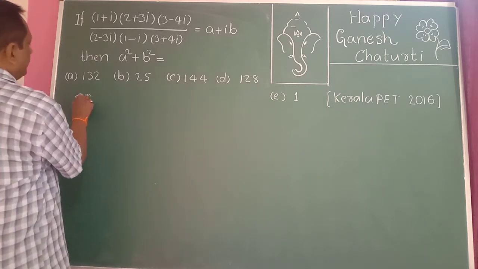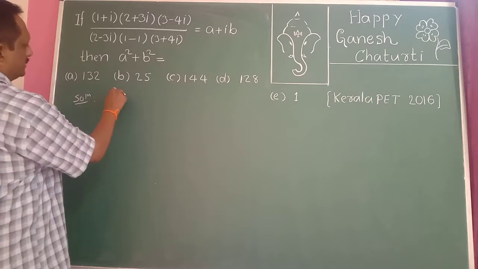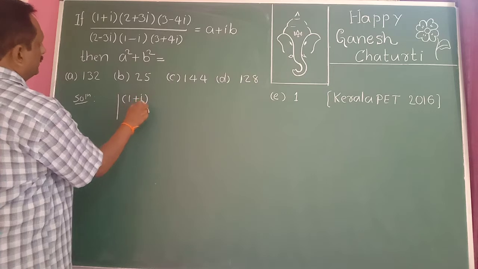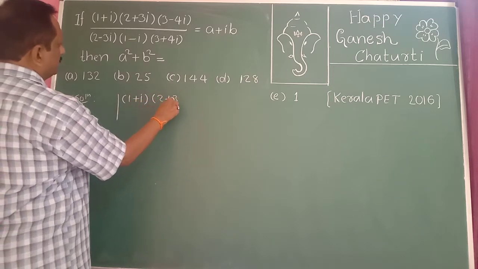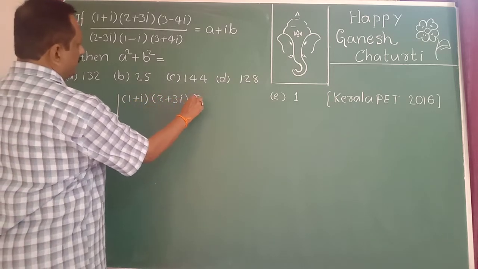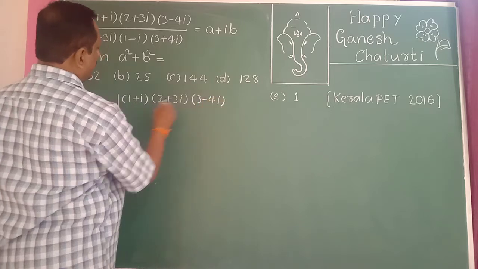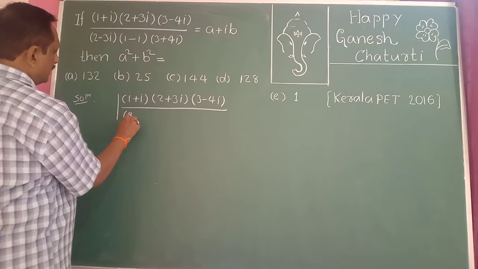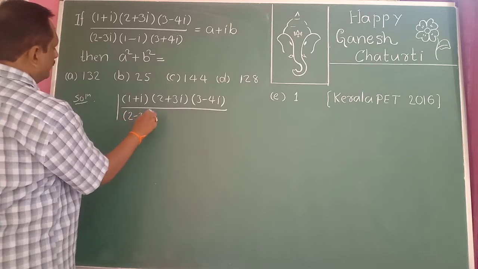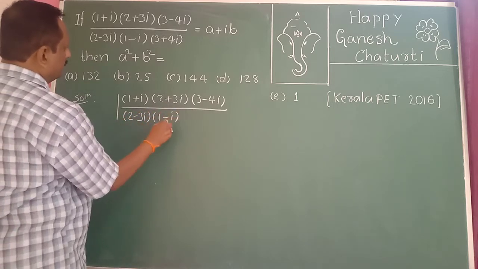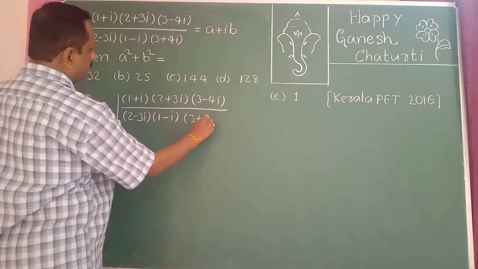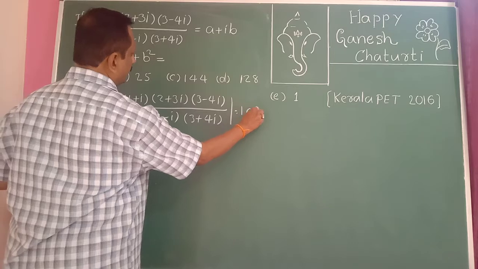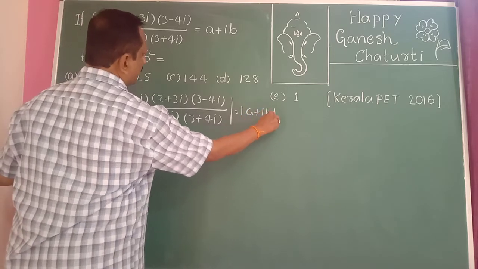Taking modulus on both sides, modulus of 1 plus i into 2 plus 3i into 3 minus 4i divided by 2 minus 3i into 1 minus i into 3 plus 4i is equal to modulus of a plus i into b.